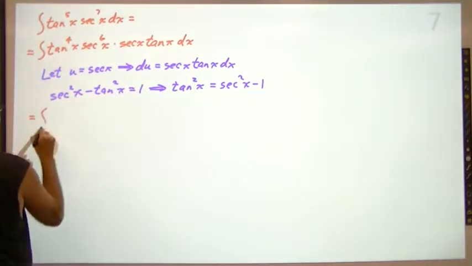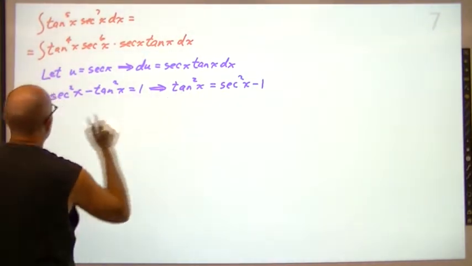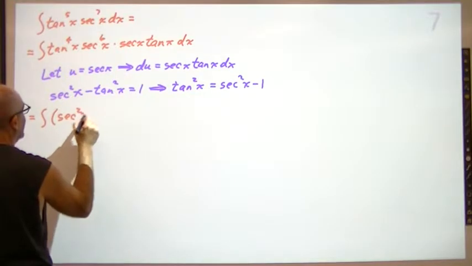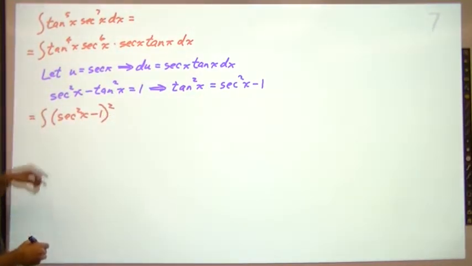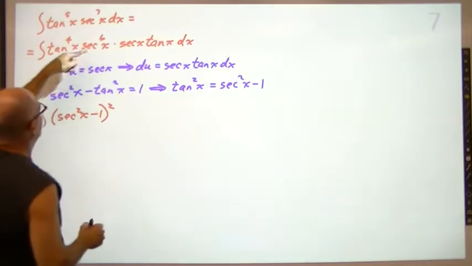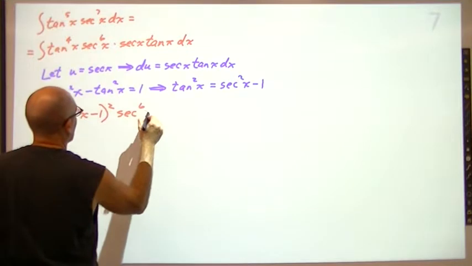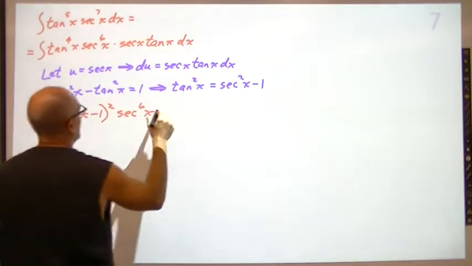So I have the integral of tangent to the fourth, which will be secant squared minus 1 squared. There's my tangent to the fourth. Times secant to the sixth times my du in the future.